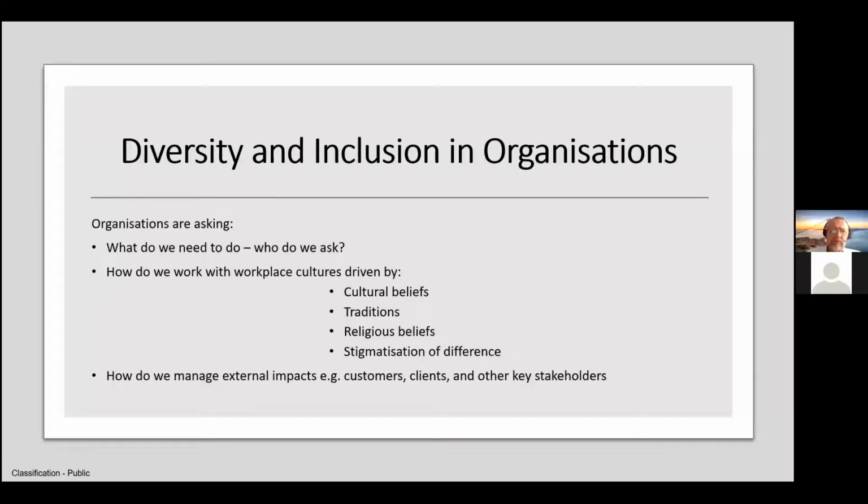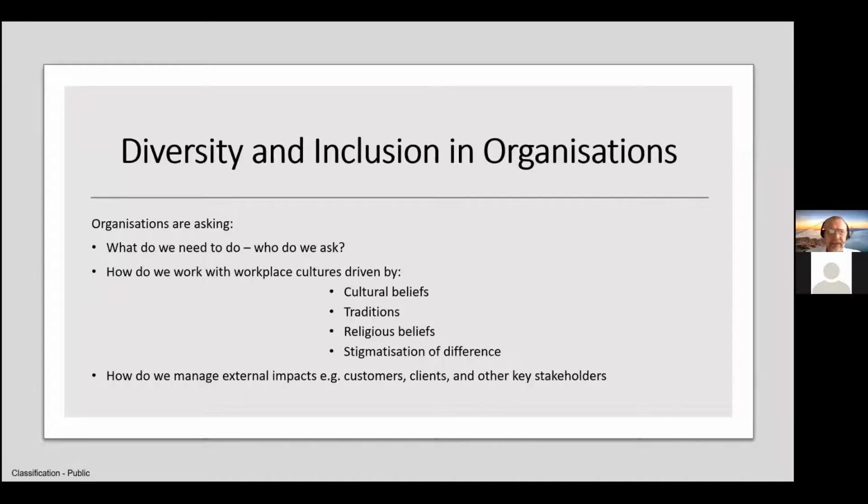Okay, so ISO 30415. I'm just going to start off by talking about diversity and inclusion in organizations, which basically is the rationale for why ISO developed this new standard. And also, I think, why you have probably come across other standards and frameworks.